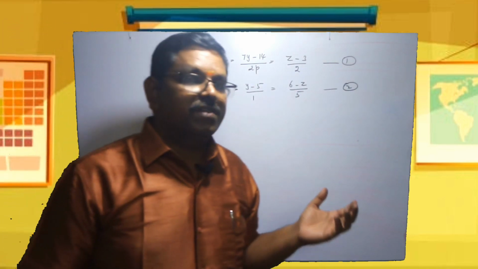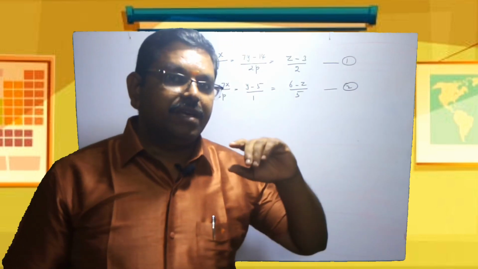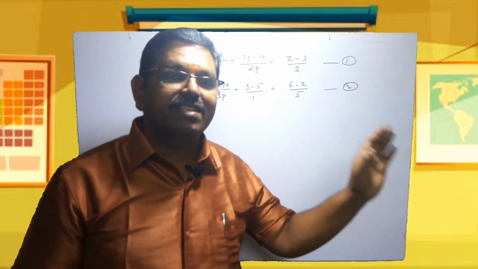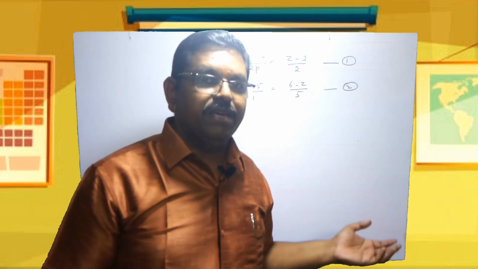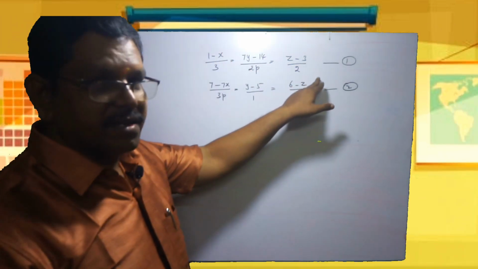In the previous model itself I told you how the equations should be. If the straight line is passing through one point and parallel to a vector b, then I gave you the formula (x minus x1) by a is equal to (y minus y1) by b is equal to (z minus z1) by c. Here it is not in the proper order.